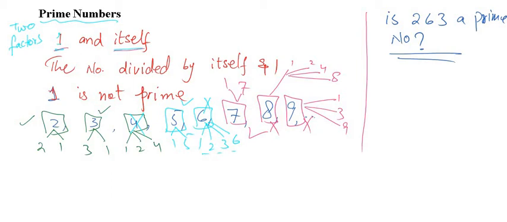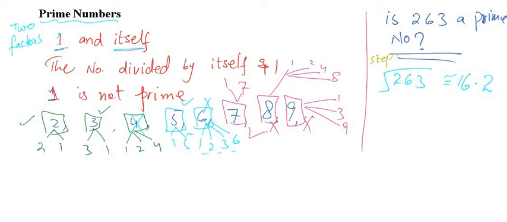We have two ways to find out whether this number is a prime number or not. I'm going to give you one of them: take the square root of this number. Whatever bigger number you are given, take the square root and you will find it is approximately 16.2. This is the first step.